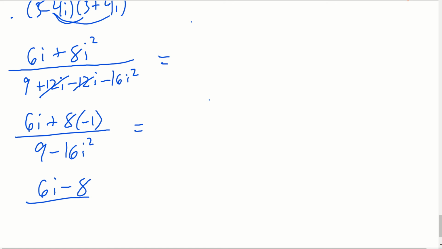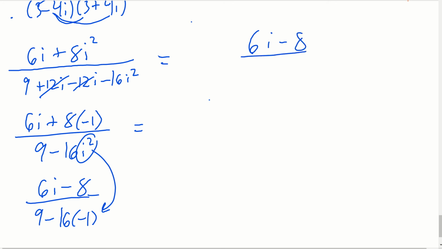All divided by, in the denominator, again, i squared is negative 1. So everywhere we see that i squared, we're replacing it with negative 1. That's going to give us 6i minus 8, all divided by negative 16 times negative 1, which is a positive 16. We get 6i minus 8 over 25.